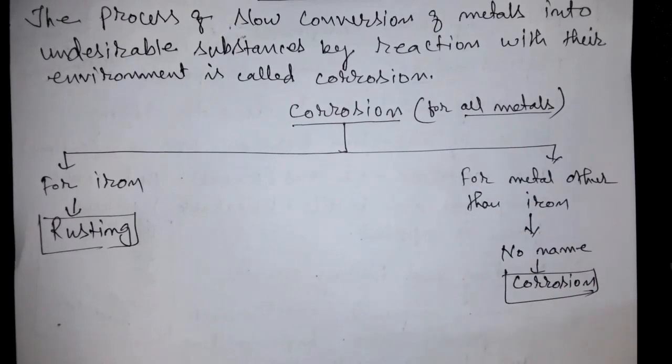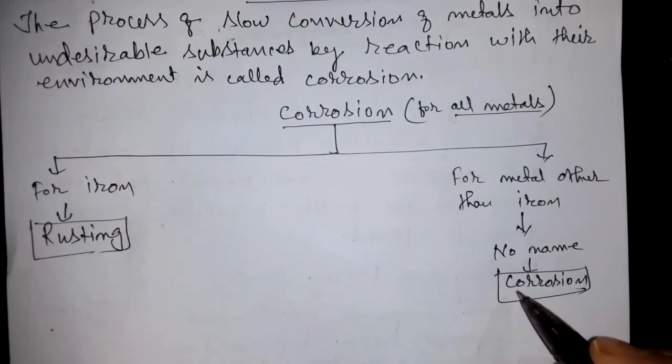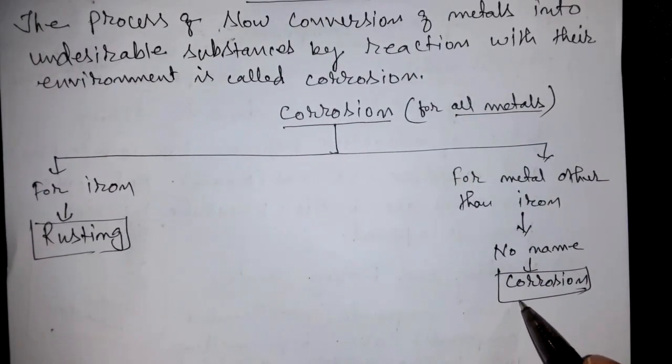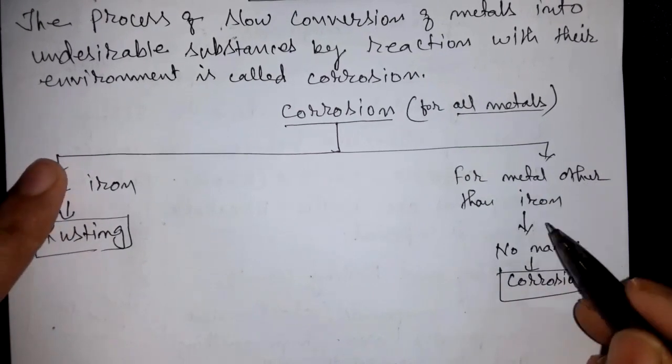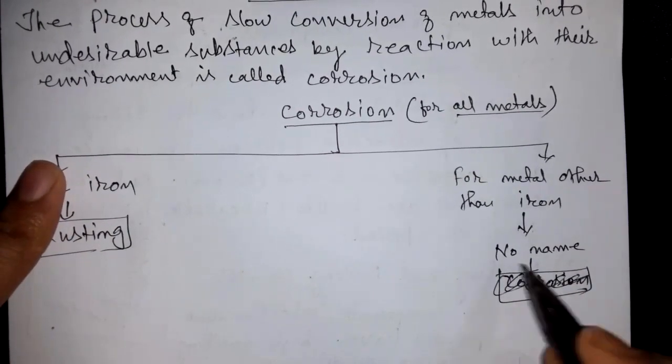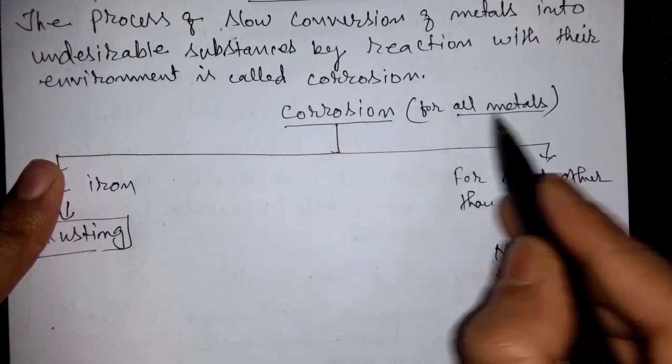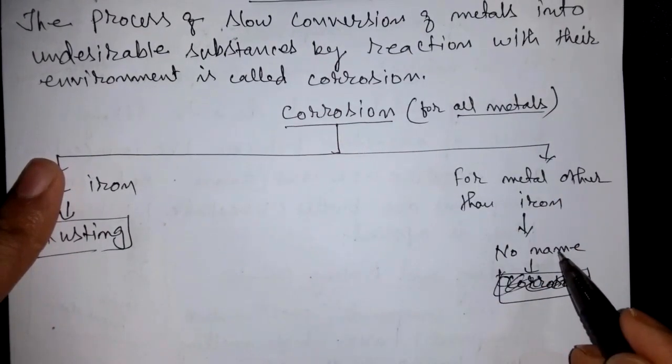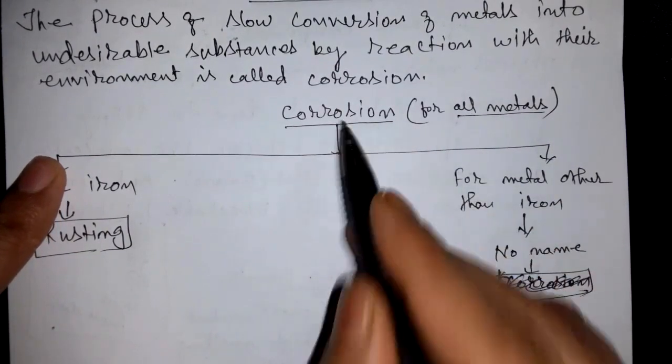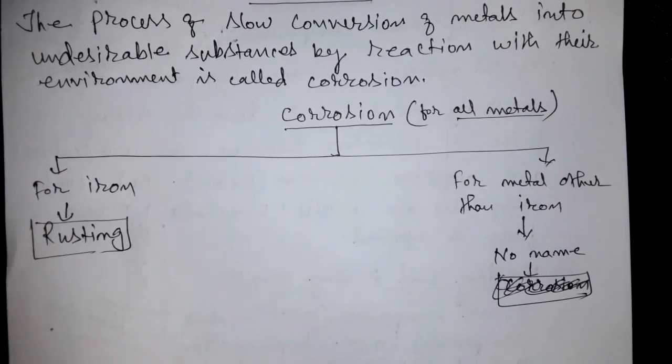So we are classifying for metal other than iron, let it be no name, because here we say corrosion for all metals. So no specific name is given. That means if there is no name, we can use corrosion. But when you say corrosion, you are not telling which metal is spoiling or deteriorating.